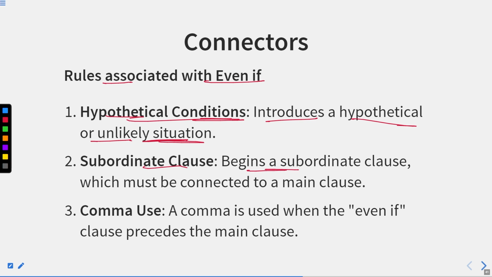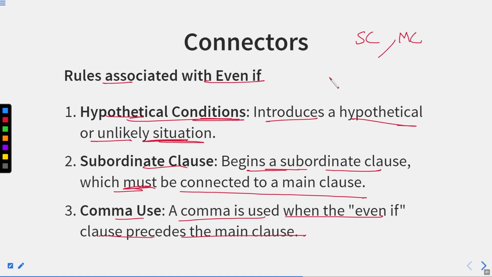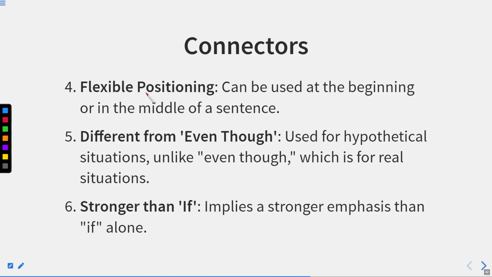Subordinate clause: it begins a subordinate clause which must be connected to the main clause. Comma usage: a comma is used when the even if clause precedes the main clause. It means if the subordinate clause comes before the main clause, we'll put a comma. But if the main clause comes before the subordinate clause, with even if in between, we should not use a comma. Fourth one, flexible positioning: it can be used at the beginning or in the middle of the sentence.